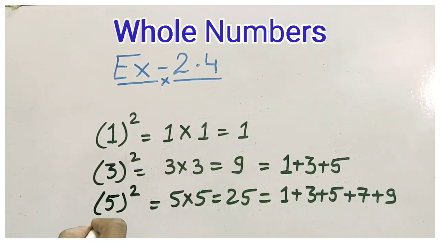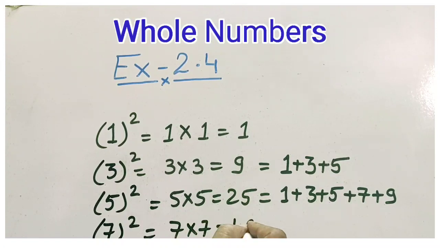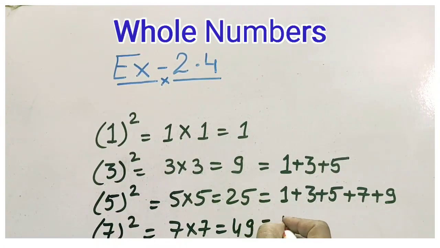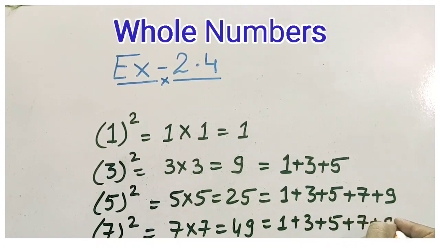Just guess what the next odd number is. Yes, 7. 7 square is 7 multiplied by 7. We have 49. So if we distribute it as the sum of odd numbers, we will write it as 1, 3, 5, 7, 9. How many times? 1, 2, 3, 4, 5, 6, 7.